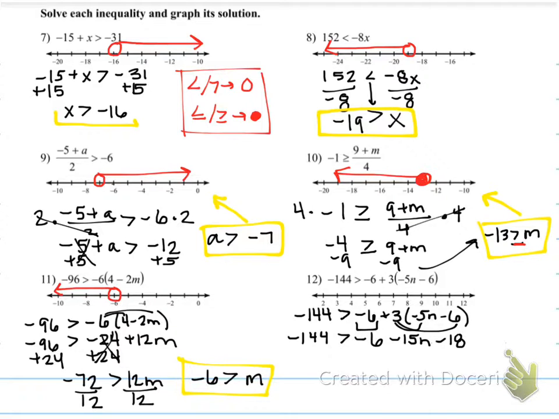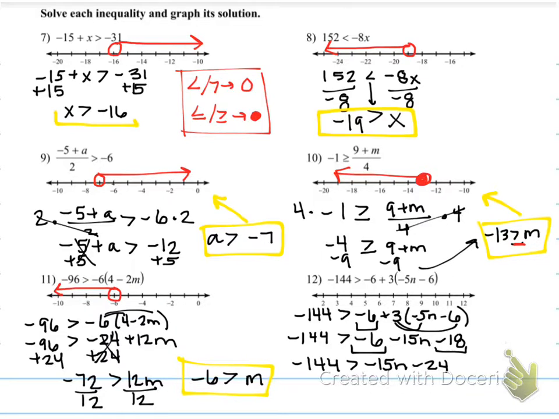On one side, we've got a negative 144, and on the other side, we've got a negative 6, a negative 15n, and a negative 18. Well, notice we've got some like terms. So I need to combine negative 6 and negative 18. When I do that, I get negative 24. So now I've got negative 15n minus 24, and then I can bring down that negative 144 and that greater than sign.